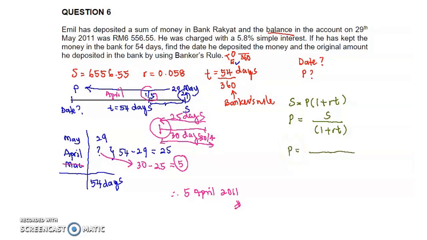Okay, substitute the values. R is 0.058. T is 54, Banker's rule, divided by 360.